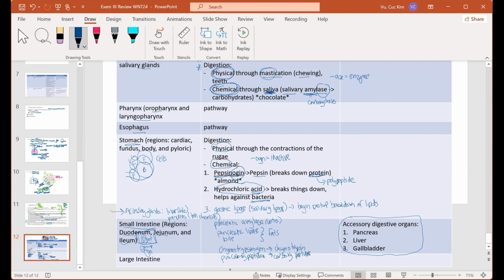And then the trypsinogen, which converts to trypsin. And all of these target what?